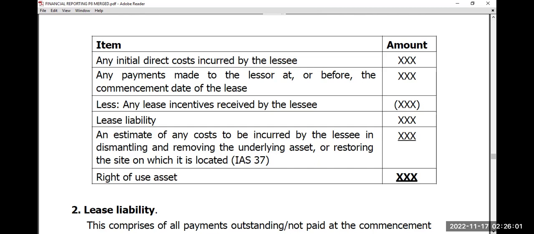Then the other item we are going to be looking at is any lease incentive that has been received by the lessee.